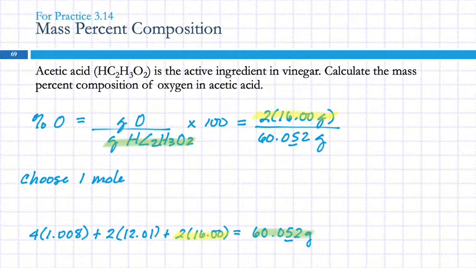So that's the one, and this is the other. I guess I should be consistent and do this over here, not making a mess. Times 100. So 2 times 16 divided by, bless you, 60.052 times 100.